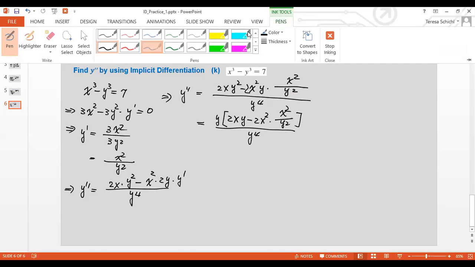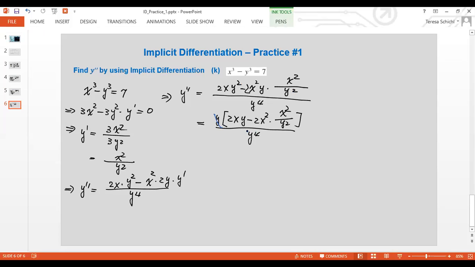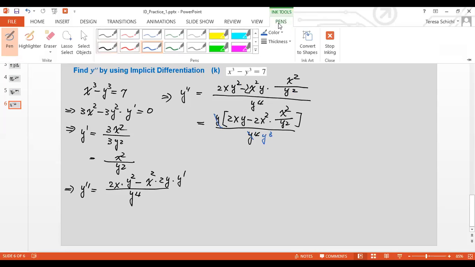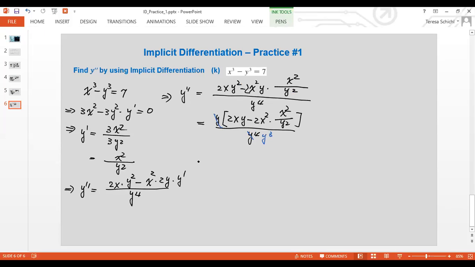So this one here, I can get it to y cubed, right? So I just try to simplify as much as I can here. So this is the y cubed. Then the inside here is the common denominator.